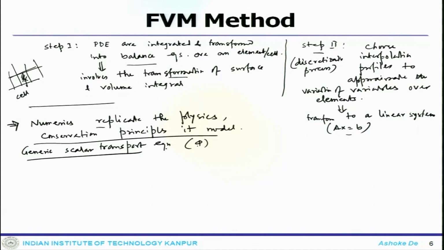If you write that in the conservative form, it would be del by del t of rho phi plus divergence of rho v phi equals divergence of gamma grad phi plus some source term, let us say q. This is in a conservative form.